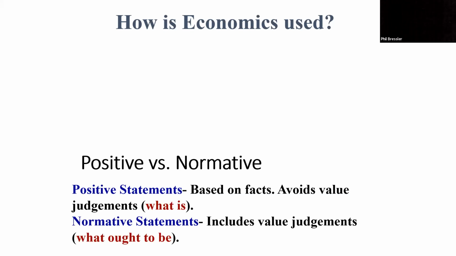Unemployment is low. Why? President Biden's economic policy. That would be a value judgment. It's not a fact that his economic policy is why unemployment is low. You could argue either way on it. So positive versus normative statements sometimes get confused, so I wanted to go over that quickly.